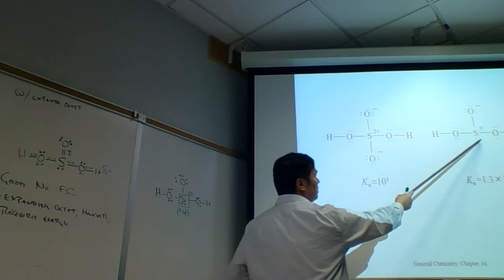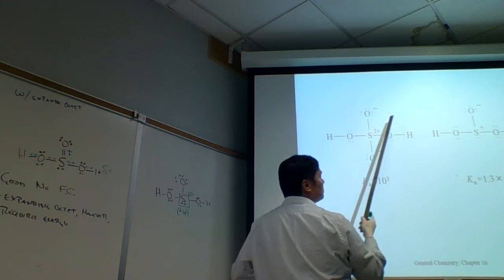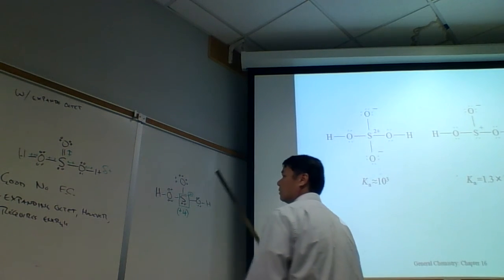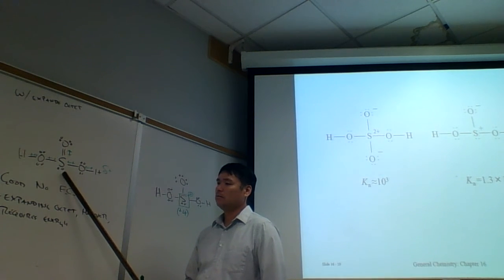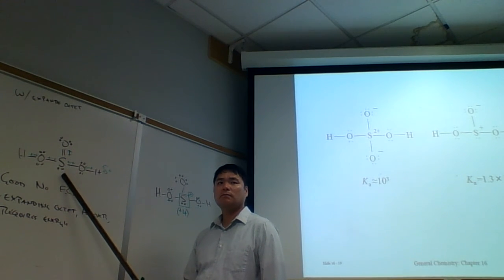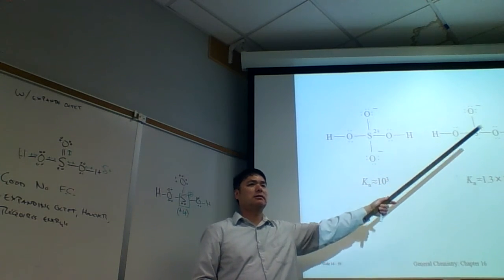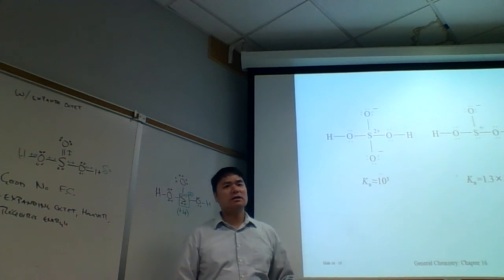So here we could do +4 versus +6, or we could do +1 versus +2. Here, what's the oxidation state on this sulfur with the expanded octet? +4. Do you see it's the same here as this? Both of these are +4.